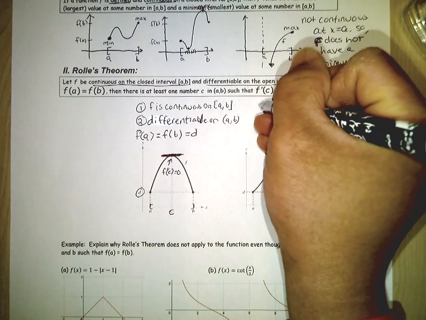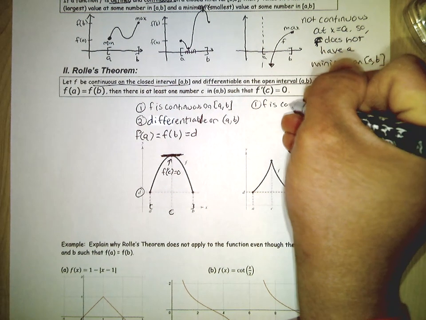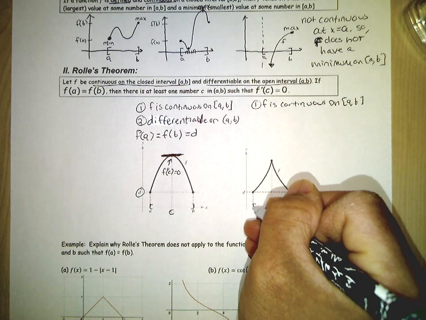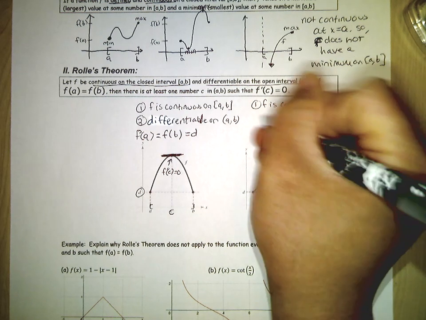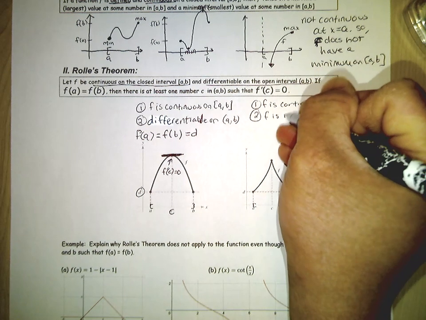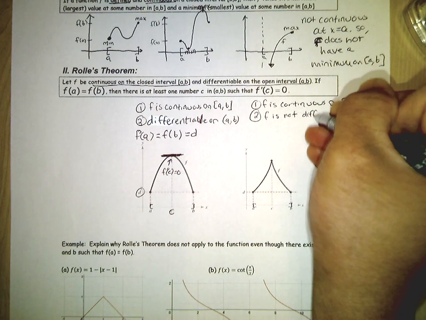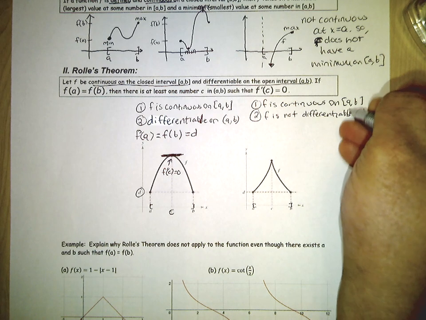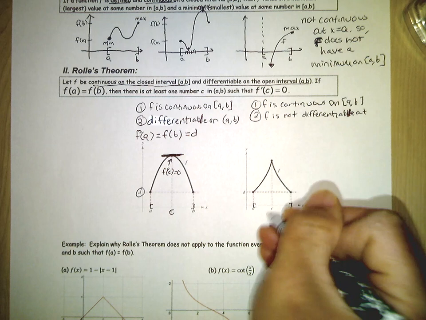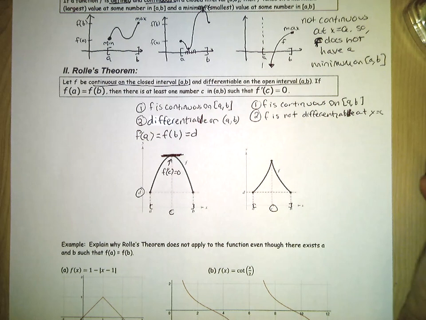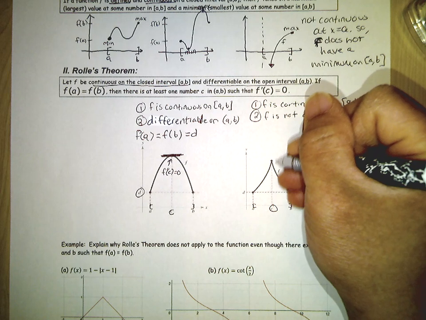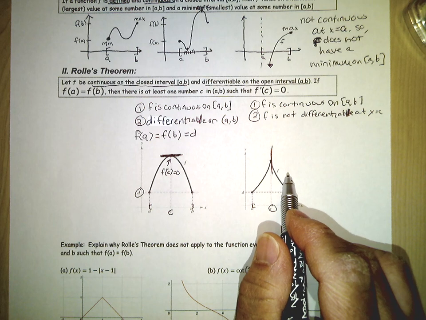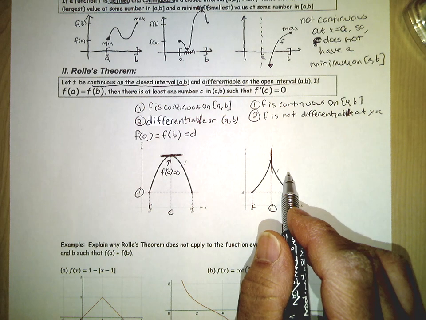Here we see that f is continuous on the closed interval A to B, but we can see that f is not differentiable at, let's see, C. And you can see here is the point where the graph would have a vertical tangent line.